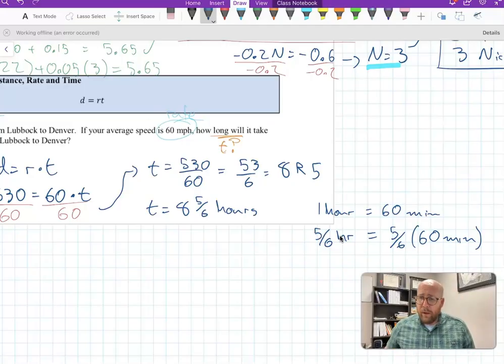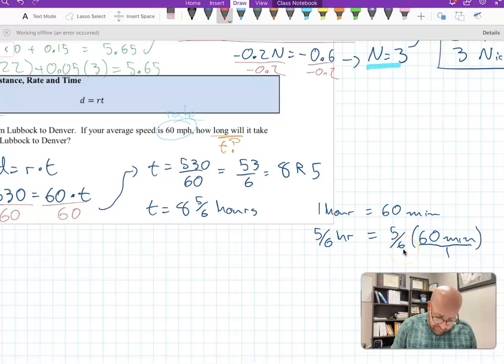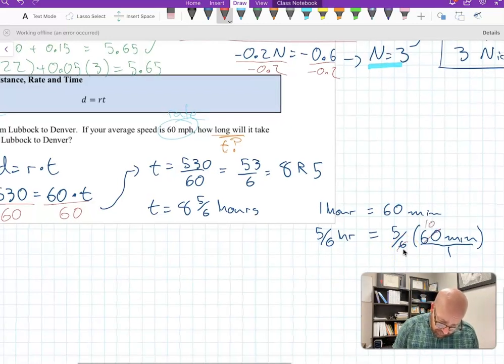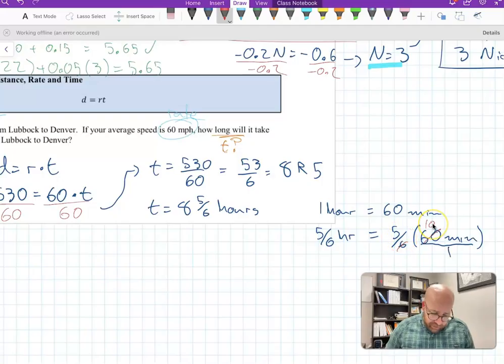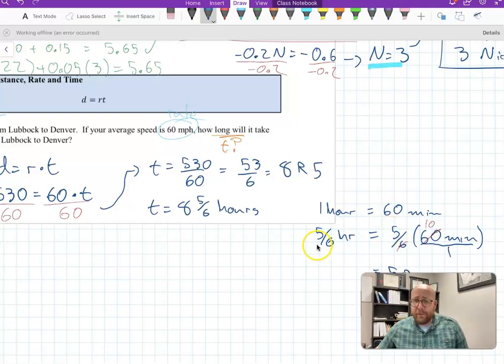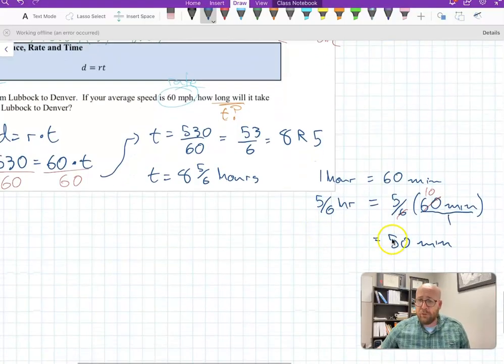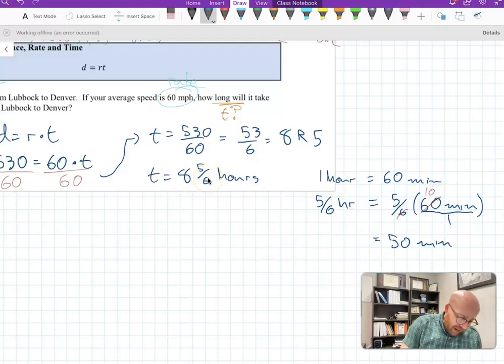Okay, well, if we put that over 1, then 60 divided by 6 is going to be 10. And then 5 times 10 is going to be 50. So 5/6 of an hour is equal to 50 minutes. So T equal to 8 and 5/6 hours is the same as T is equal to 8 hours and 50 minutes.